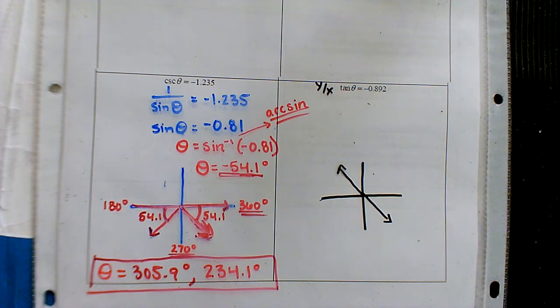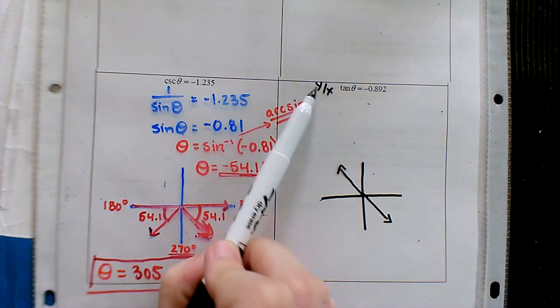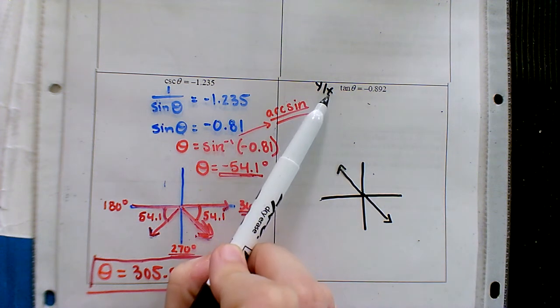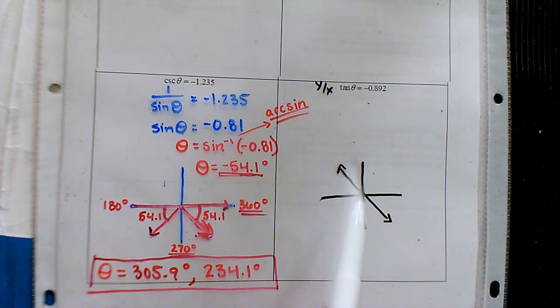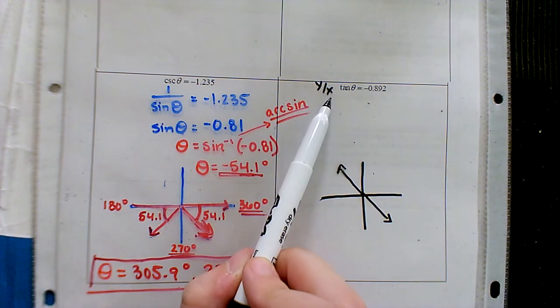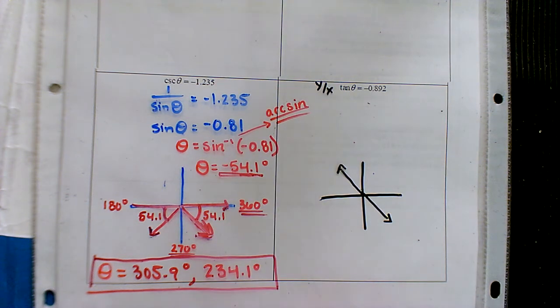So they both can be negative, just not at the same time, because then that would make the fraction positive. Either y is positive and x is negative, that would put you in quadrant 2, or y is negative and x is positive, that would put you in quadrant 4. But they can't be both negative or both positive at the same time.